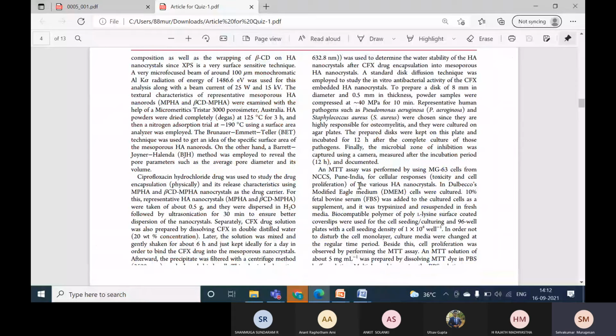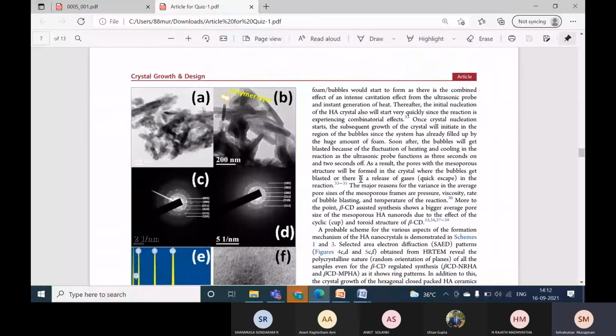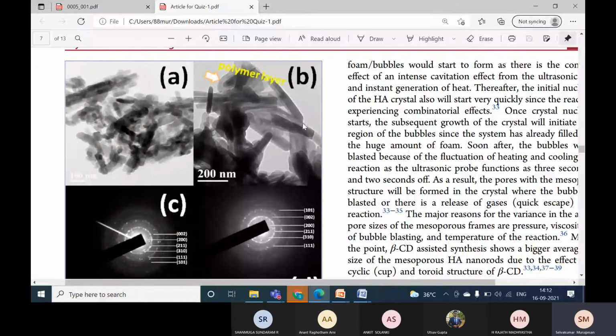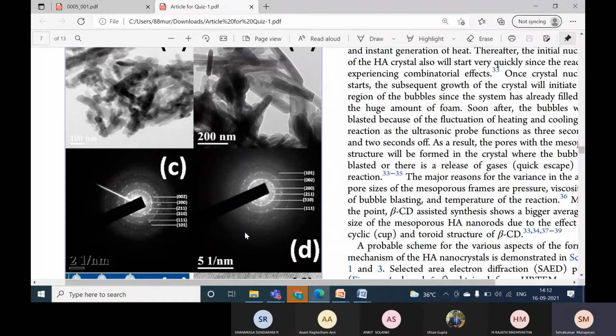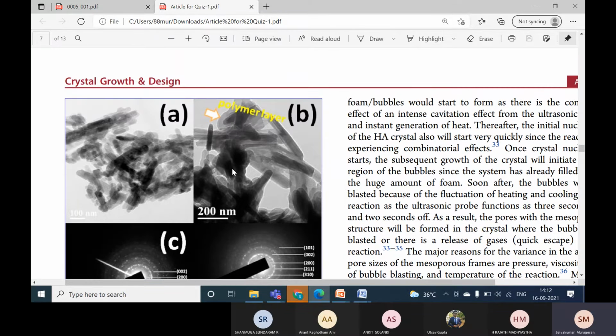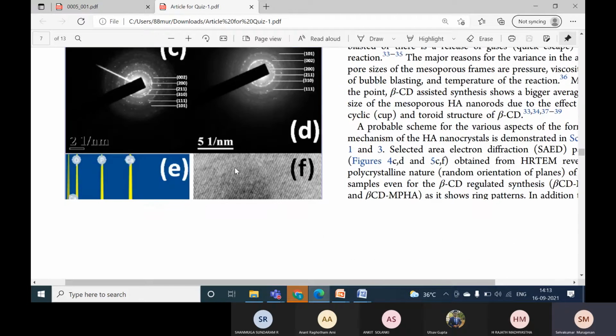You can see the aspect ratio of the nanorod was significantly increased when you add the polymeric surfactant. And of course, the crystallinity was also pretty good. You can also see the number of planes, which was significantly visible in the polymer-based surfactant-assisted synthesis method.